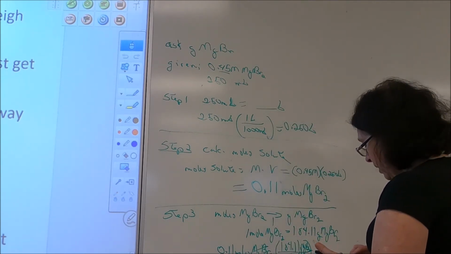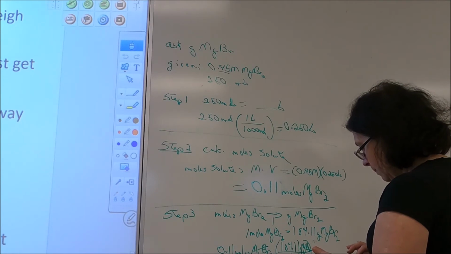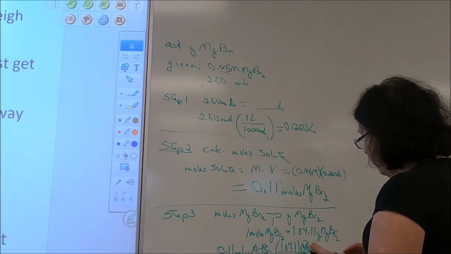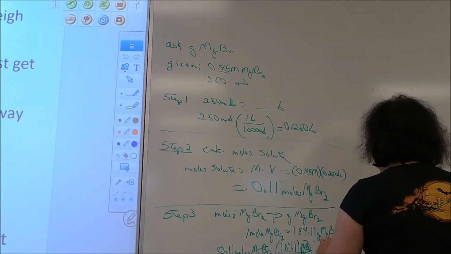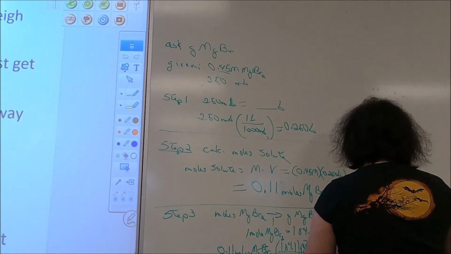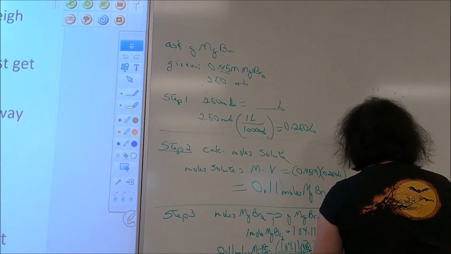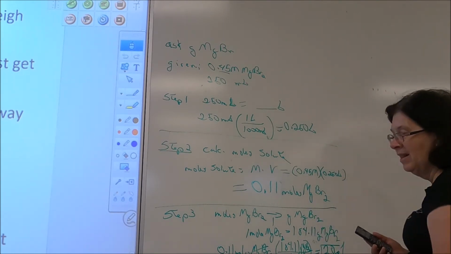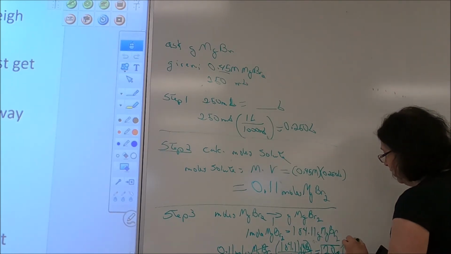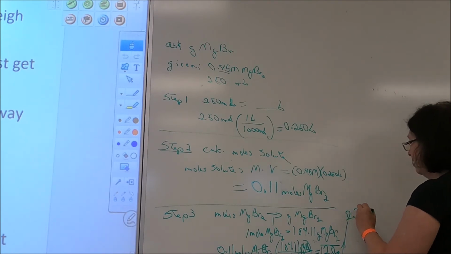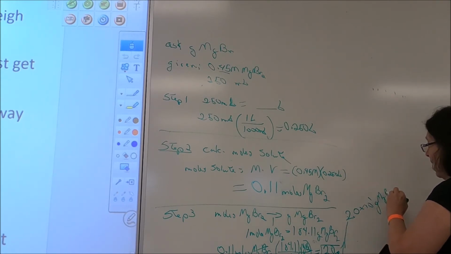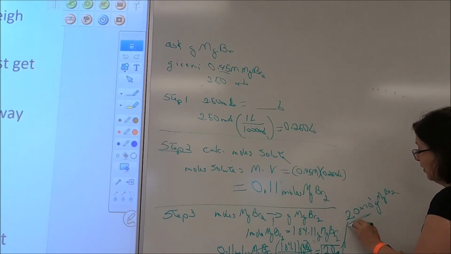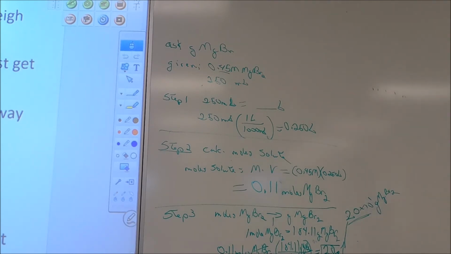So 0.11 times 184.11 gives me 20 grams. Now notice I put the decimal point in there because we've got 2 significant figures. I could also write this as 2.0 times 10 to the 1 grams of magnesium bromide, so it's very clear how many significant figures I have.